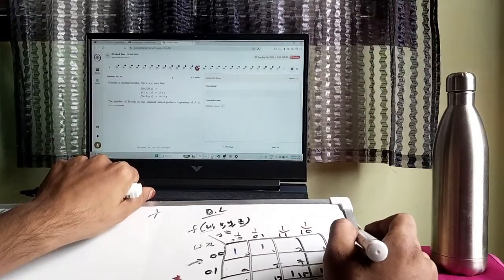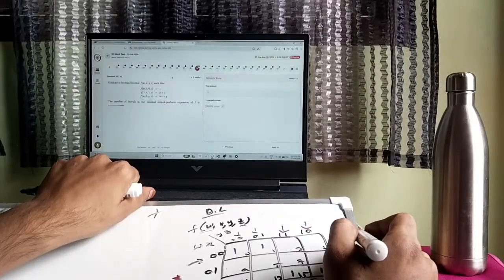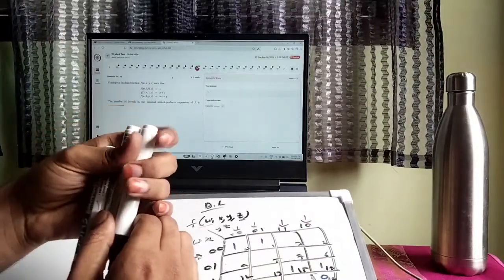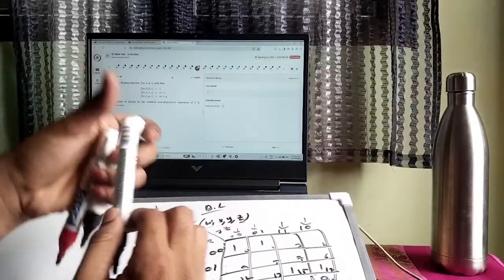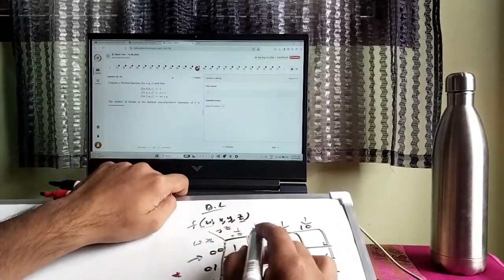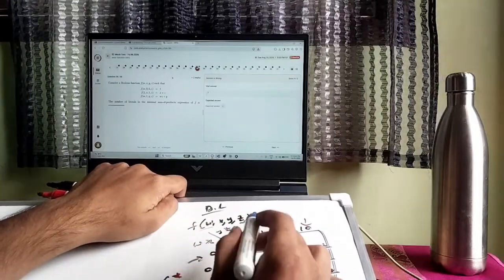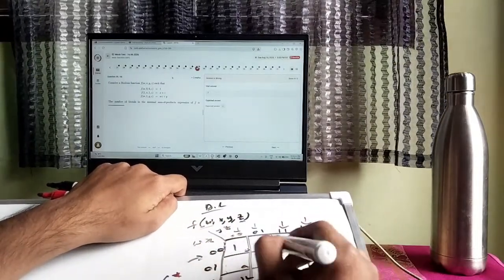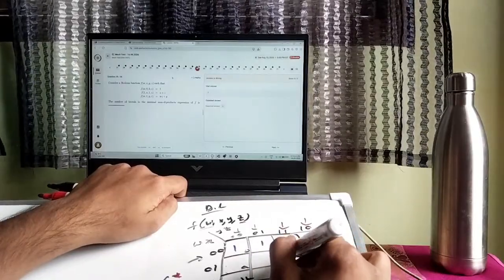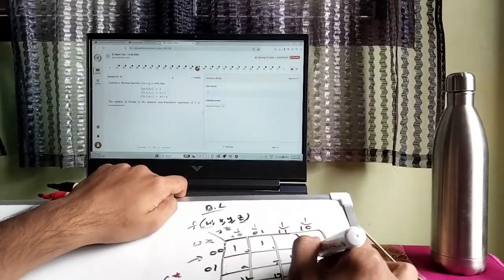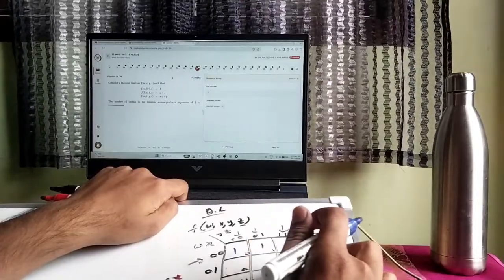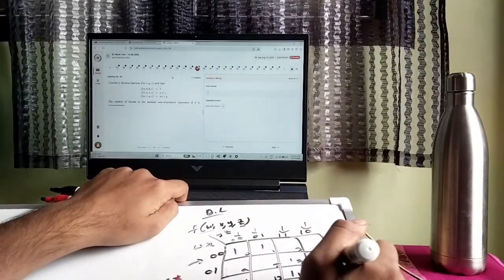So we consider wz plus y. What is y? We consider y in these two rows. Here y is 1, so this must be 1 and 1. Here anyway it should be 1.